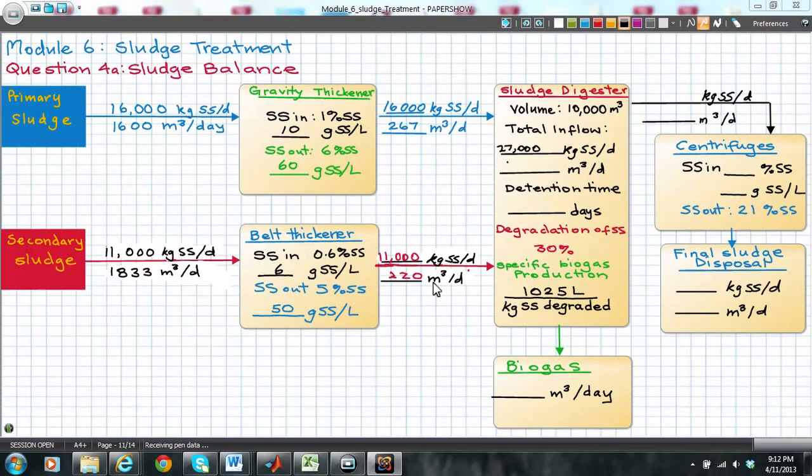So we have 487 cubic meters per day entering.